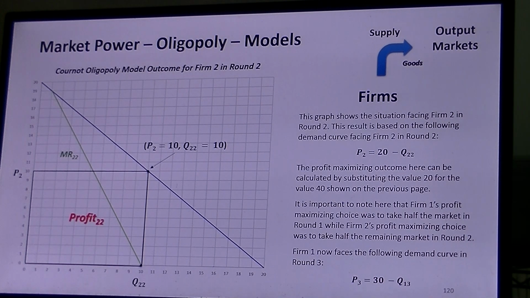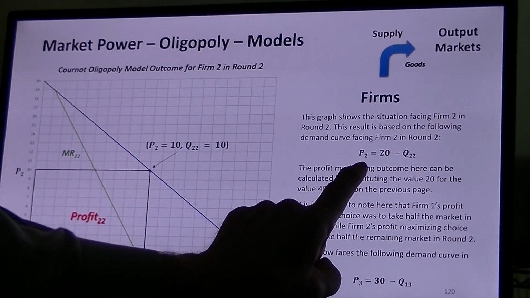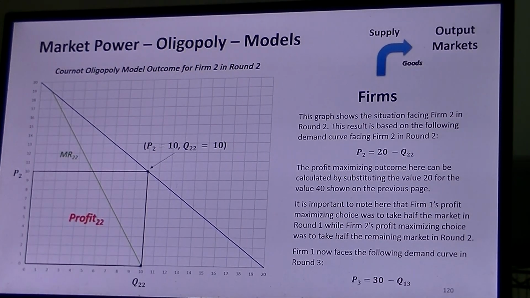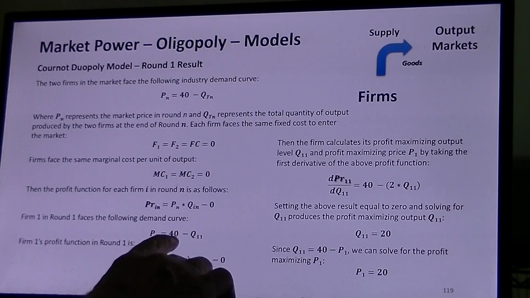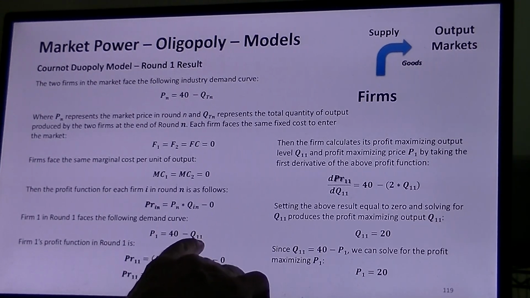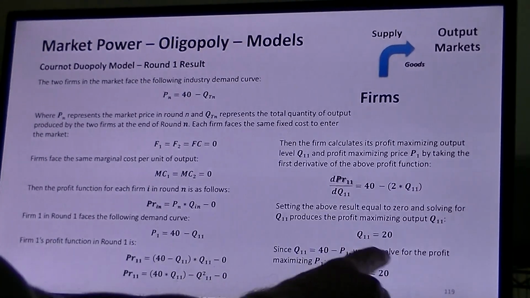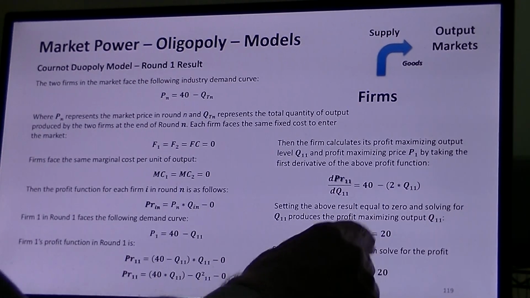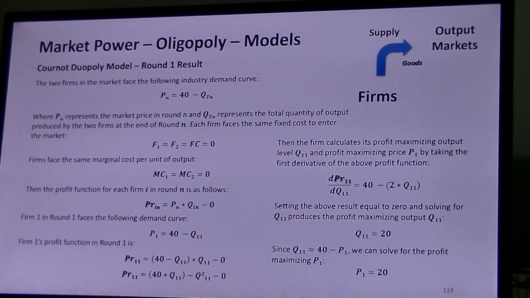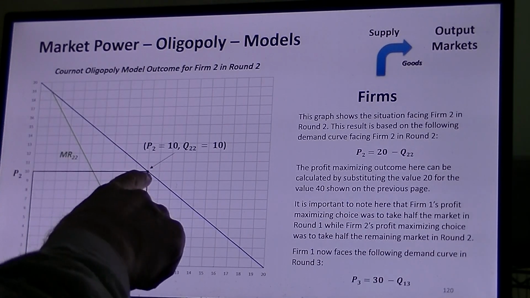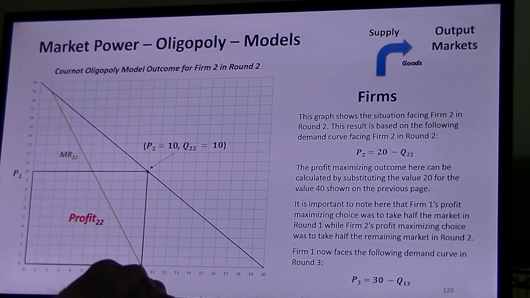So the demand curve facing firm 2 in round 2 is P2 equals 20 minus Q22. You can calculate that very easily. Just substitute the value 20 for the value 40, so 20 minus Q22, and you'll get Q22 equals 10 and P2 equals 10, and that result is shown right here.